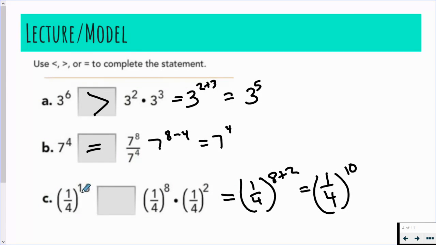But remember, when you're multiplying with fractions, the more times you multiply it, the smaller you're going to get, because your denominator is just going to keep getting bigger and bigger, which makes a smaller fraction. So the 1/4 to the 16th is actually going to be less in that case, because the more times you multiply a fraction, the smaller it's going to get.